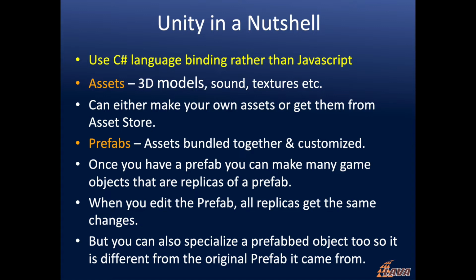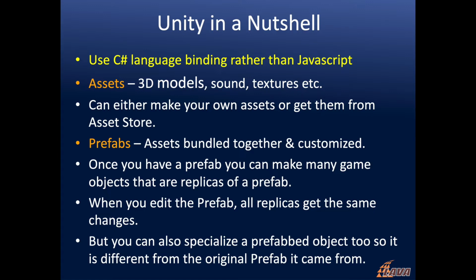Basically, any three-dimensional model, any sound, any texture, in other words, a picture that you apply to a model, is called an asset. You can either make your own assets using music programs or sound programs or 3D modeling packages, and then you can bring them into Unity, or you can go to the Unity Asset Store to download free assets, and sometimes you can also get paid assets.